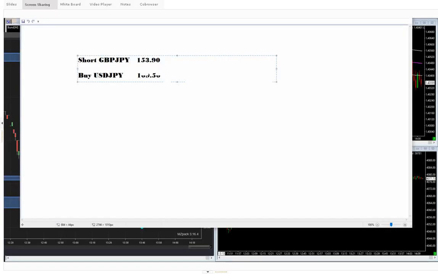Obviously one of the things you can start to understand is that if I bought the dollar yen and I was still short the pound yen, I effectively would have had a spread trade, short pound dollars. Yes? Now, what price would my short pound dollar be at?